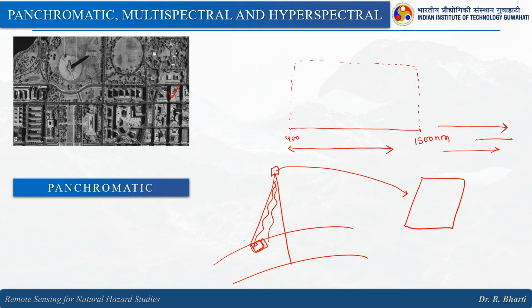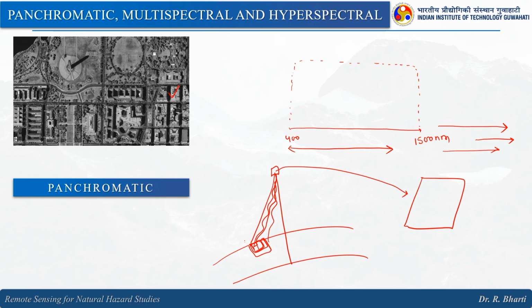When we talk about the longer wavelength region, the energy is comparatively less, so we have to increase the area, and that area will be able to produce the reflected or emitted energy that will travel through our atmosphere to space.